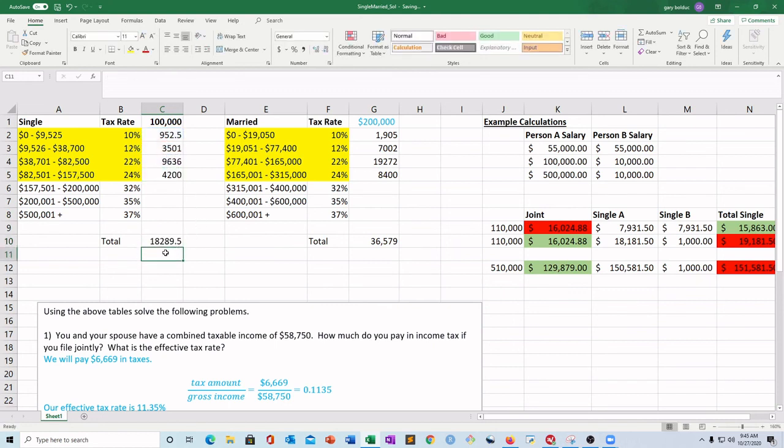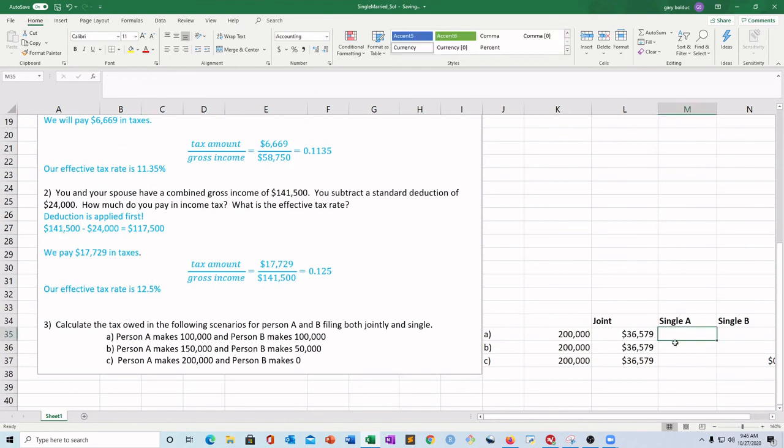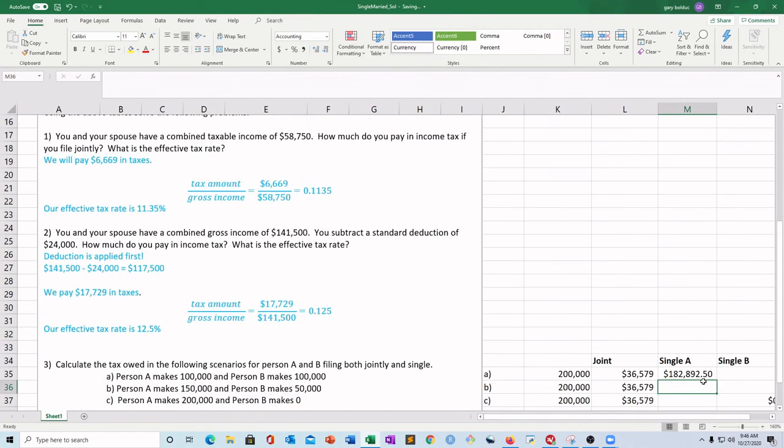I pay $18,289.50. So we're going to take this number, 18289.5. We're going to put it here. Added an extra 2. Don't do that.